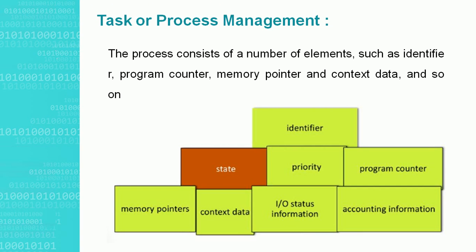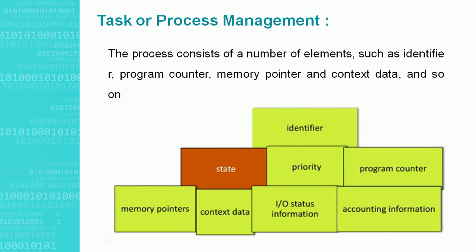Next, task or process management. These are some elements: identifier, state, priority, program counter, memory pointer, context data, input output status information, and accounting information.